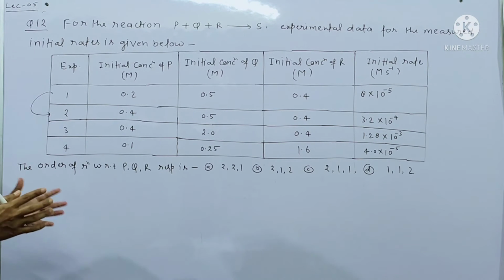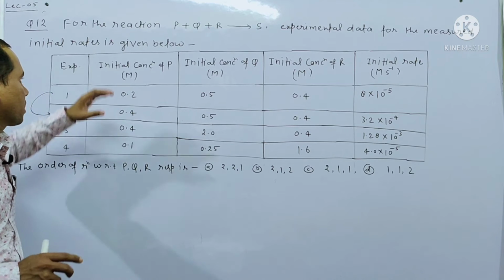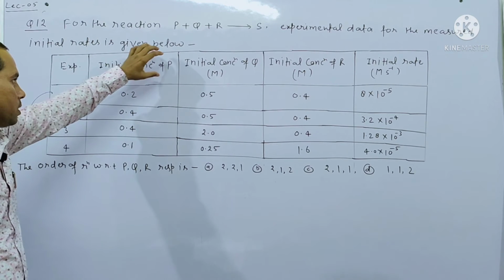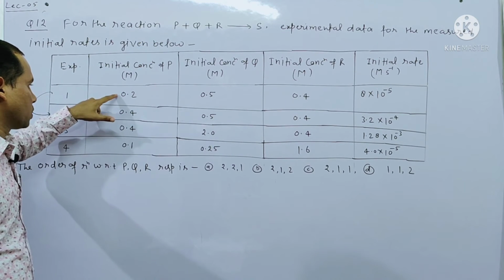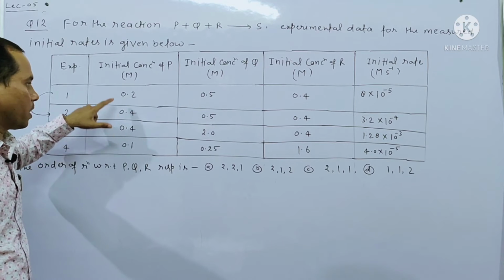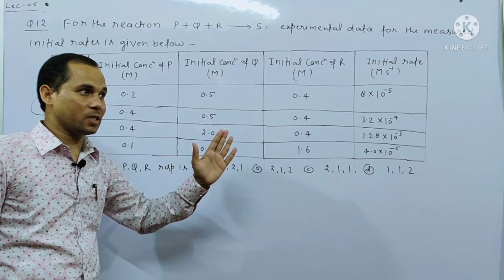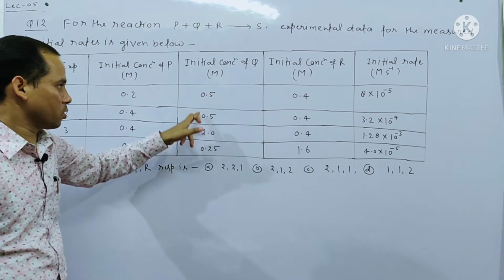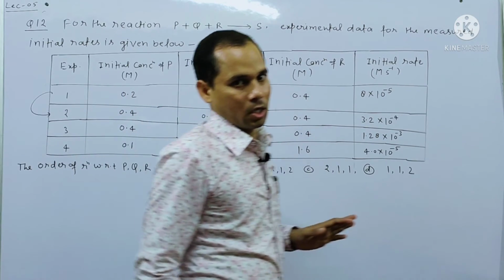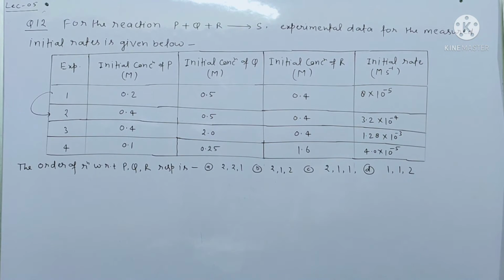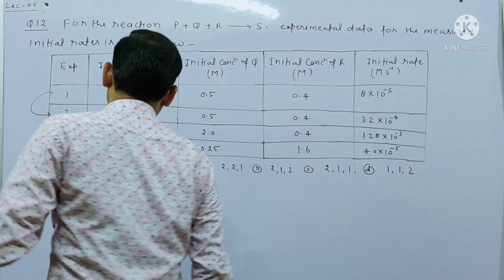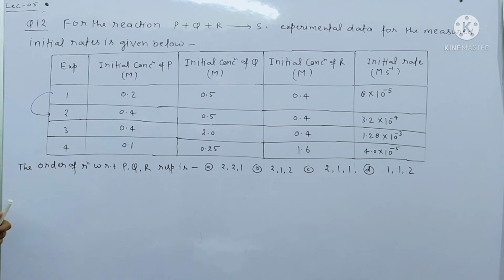You can clearly see the concentration of P changes from 0.2 to 0.4, but the concentration of the remaining species, Q and R, is constant. So this is the condition. Now we can easily calculate the order of reaction with respect to P.